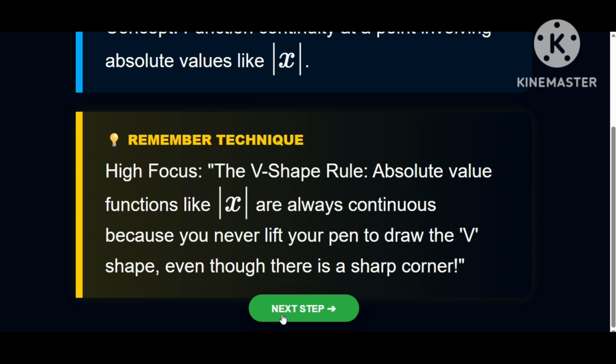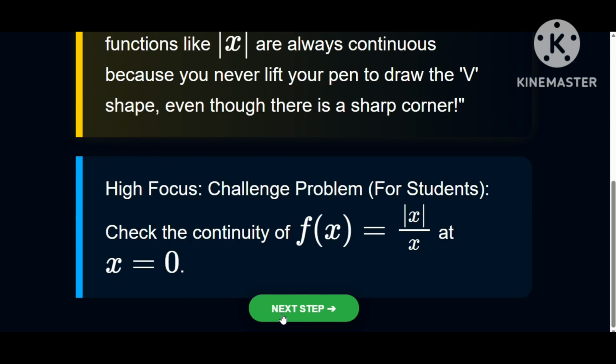Remember the technique, the V-shape rule. Absolute value functions like mod x are always continuous because you never lift your pen to draw the V shape, even though there is a sharp corner.